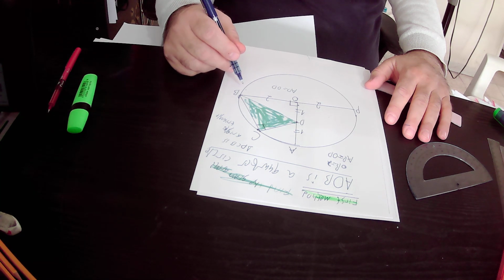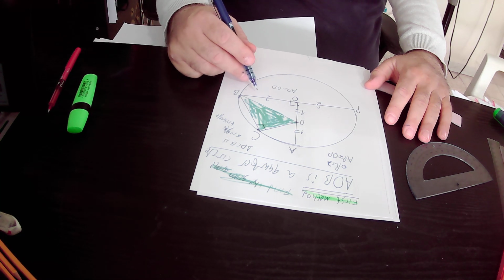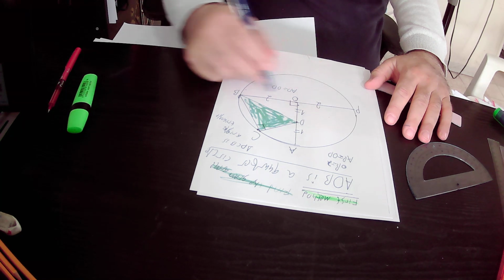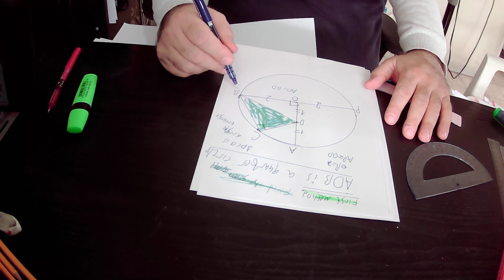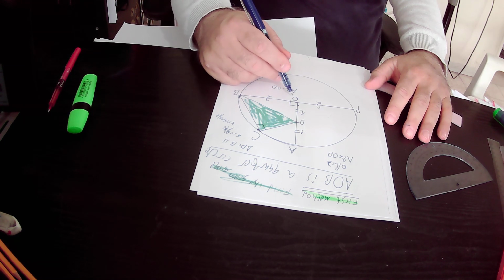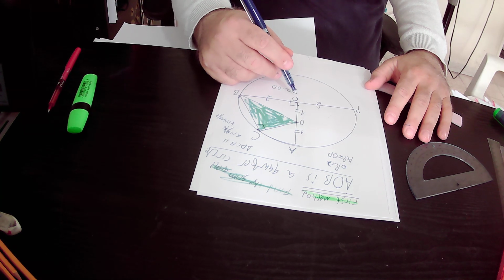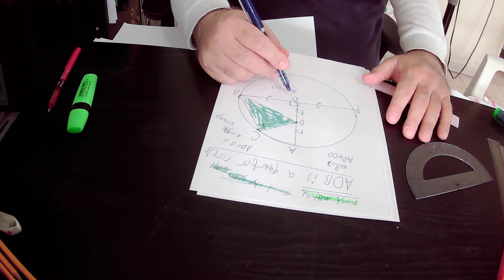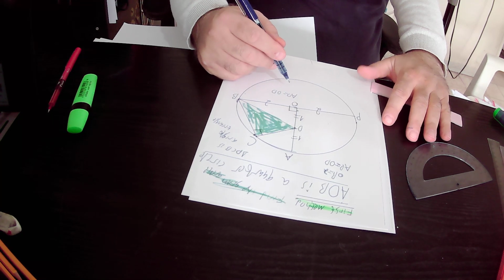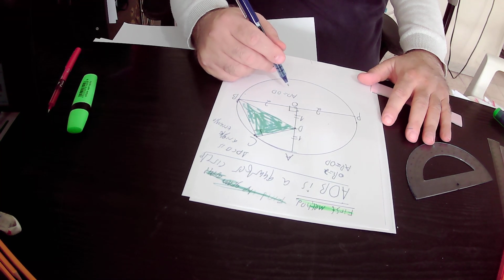We extended the straight line PO, so PB is a straight line, and PB passes through the center of the circle. Therefore, any chord that passes through the center of the circle must be equal to the diameter.